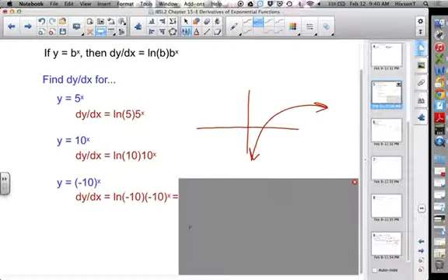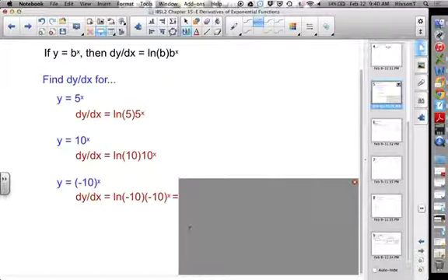Because e to any power is never going to give you a negative value, right? Or, I'm sorry, negative 10 to a power will never give you a... no, that was right. E to any power is never going to give you negative 10.